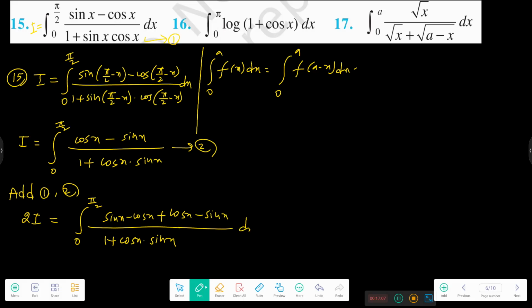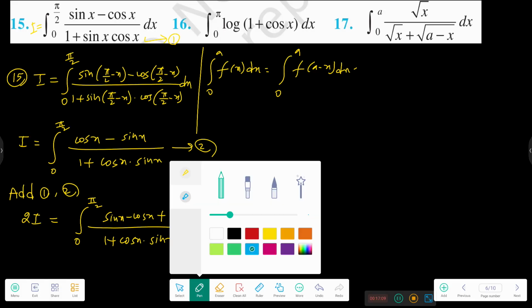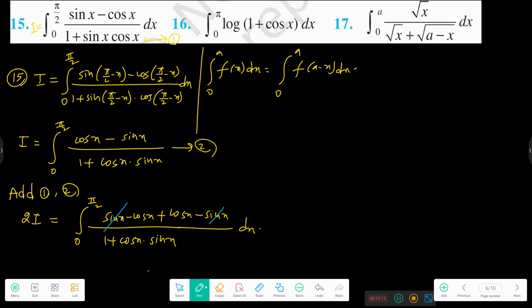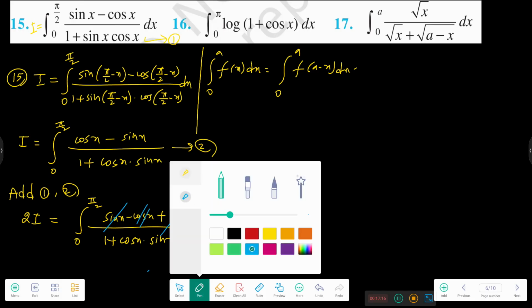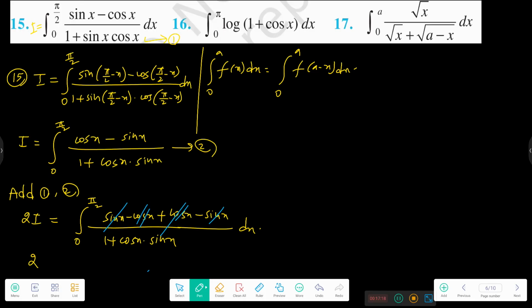Here also we are getting 0. Plus sin minus sin, plus cos minus cos is cancelled. Then 0 divided by anything is 0. So I is equal to 0. Question number 15 also we are getting 0. 14 also we got 0, right? 14 is 0, 15 also 0. Okay, right, fast.